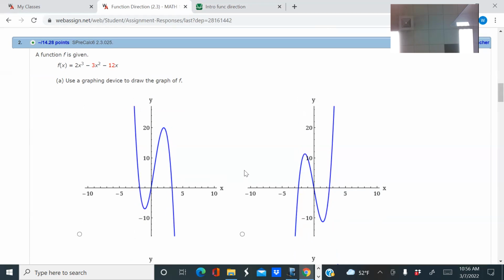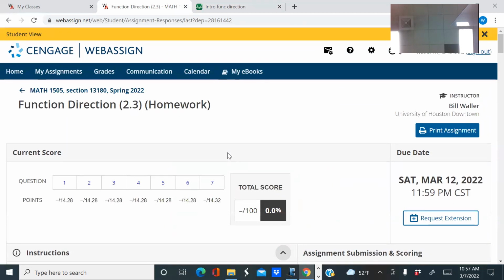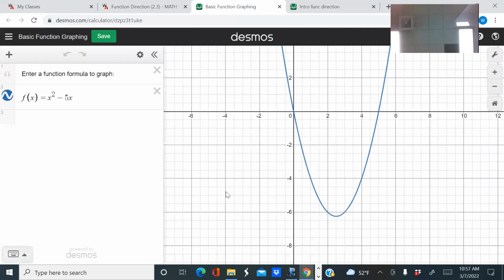Here's what you can do to find this out. You don't have to try graphing this by hand to figure it out, because in the homework I have given you a link to a graphing device. But you can do this also on your graphing calculator if you have one.